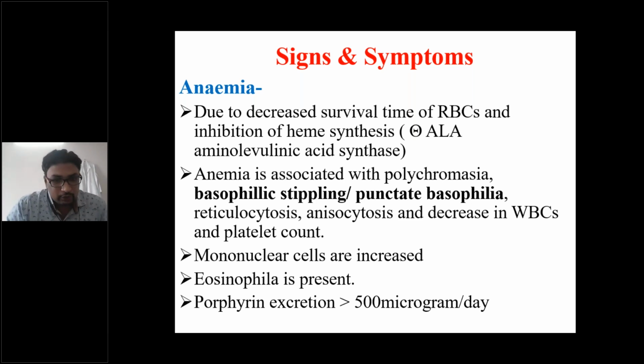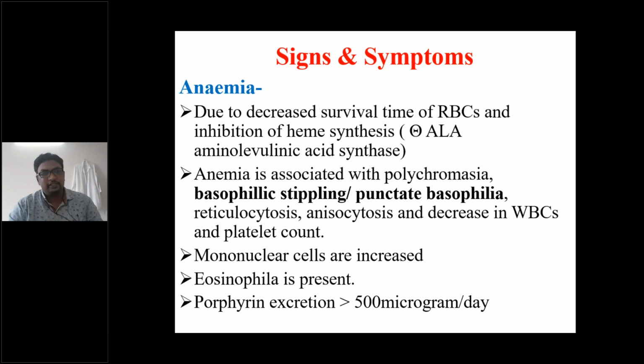And then there can be reticulocytosis, anisocytosis. There is a decrease in WBC and platelet count. Mononuclear cells are increased, and eosinophilia can be there, and porphyrin excretion is greater than 500 micrograms per day.